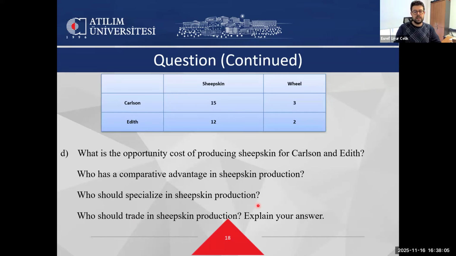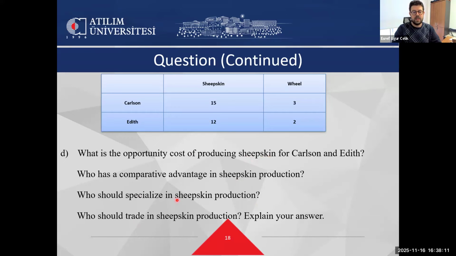And let's look at the opportunity cost this time for sheepskin. Comparative advantage in sheepskin, specialization in sheepskin, trade in sheepskin. This time we can rotate it. Please do it yourself, okay?